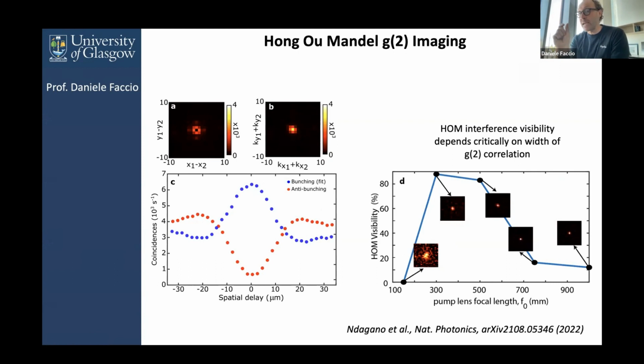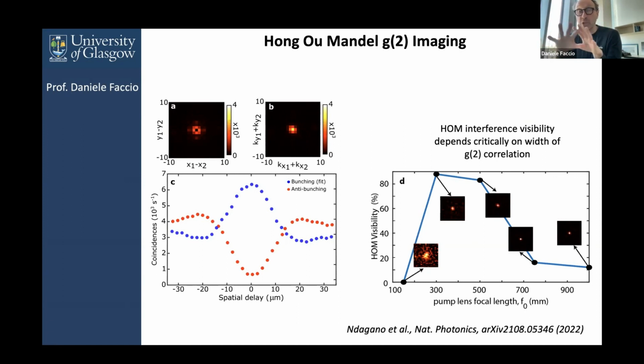We need to match that point spread function to the size of the pixel on the camera. If the biphoton point spread function is too small, it means that I have lots of modes hitting the same pixel, and it's very hard to distinguish photons that are coming from the same mode.